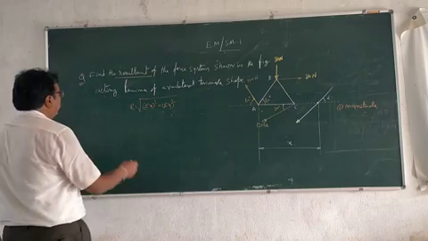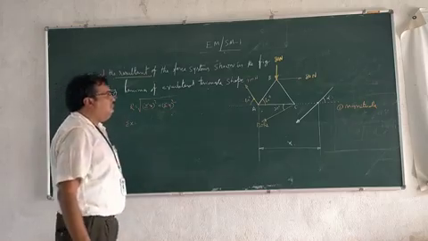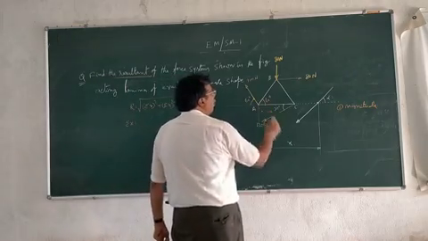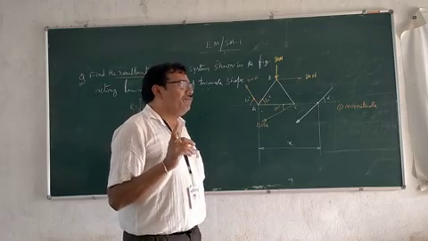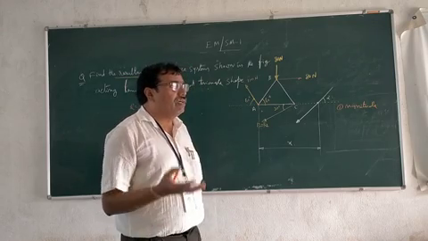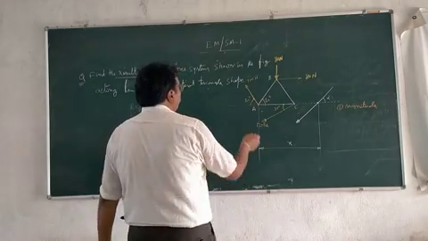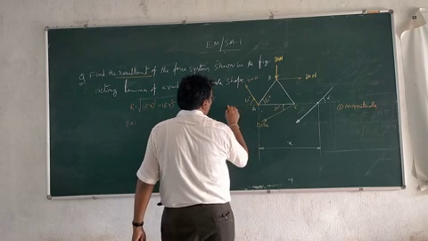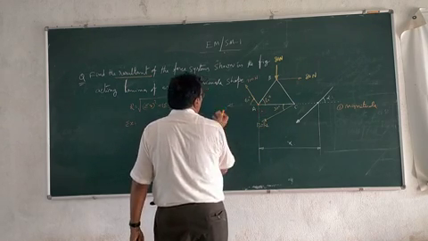Sigma x is equal to what? Already you know, every inclined force has two components: one horizontal component and one vertical component. Here it is working like this. It is the horizontal component, right to left.